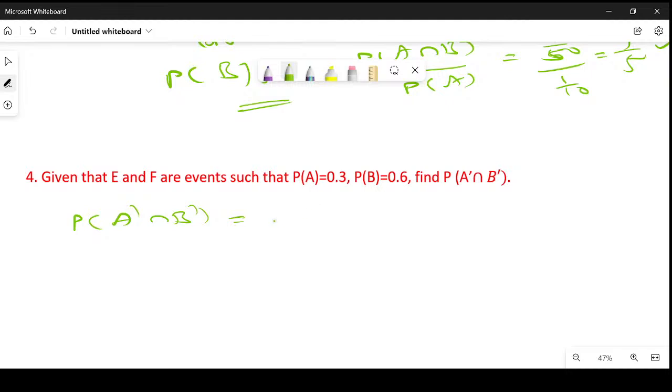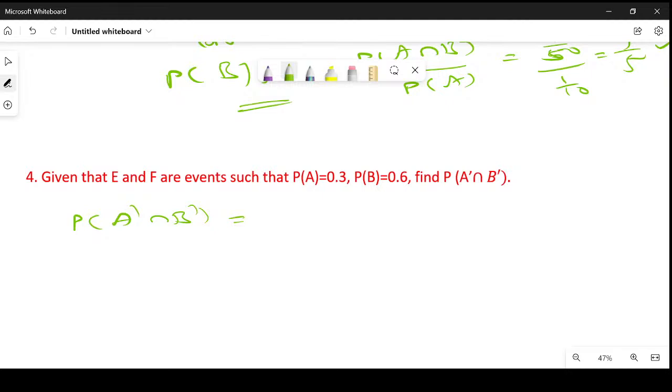We know that P of A equals 0.3 and P of B equals 0.6. Here we should consider what they have given. It depends on whether E and F are independent events. It is easy to solve the problem if they give independent events.